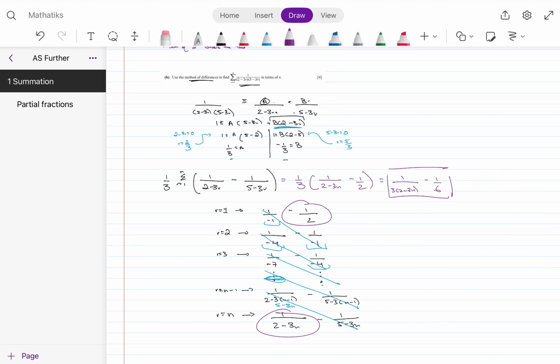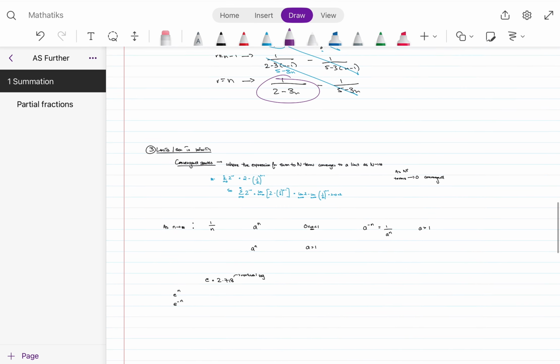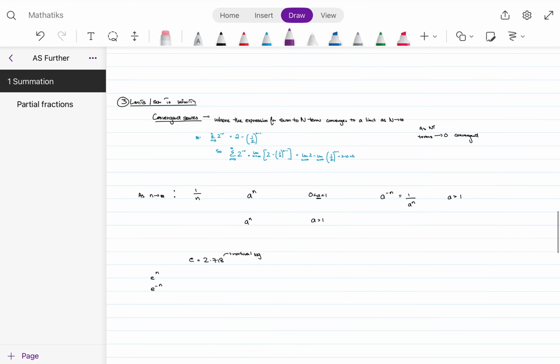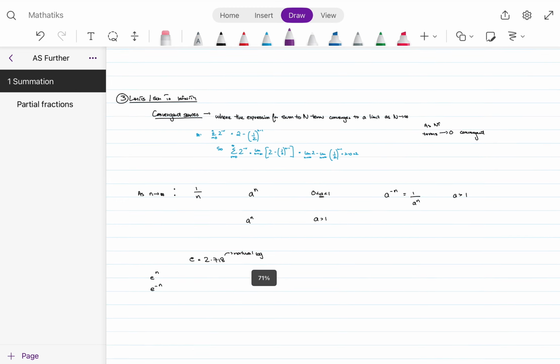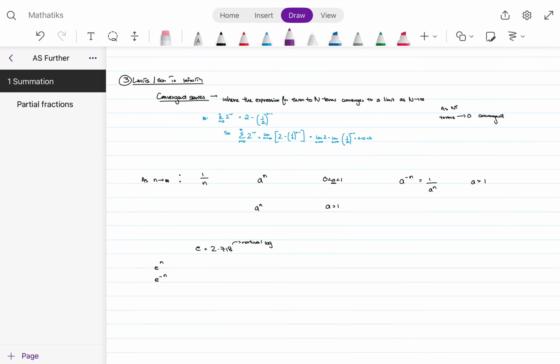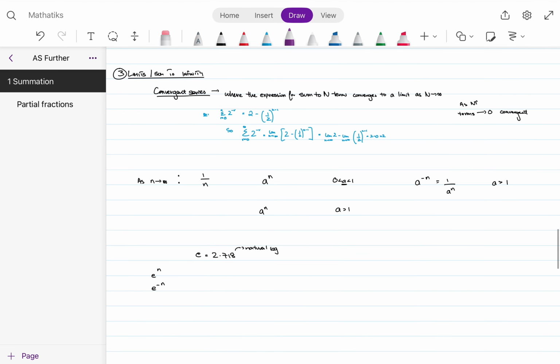The trickiest part of this chapter is probably limits and sum to infinity. Basically, there are two types of series that we learned in advanced and that we need to continue to know about. One of these is a convergent series.